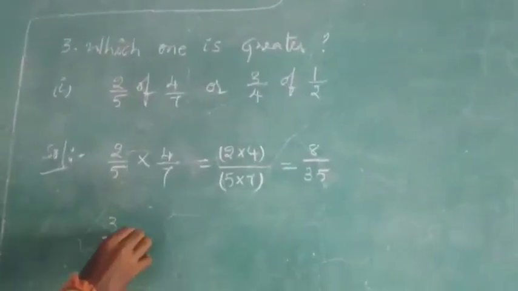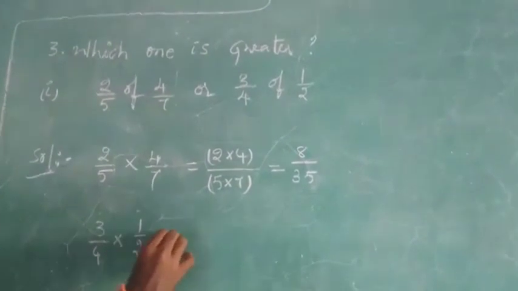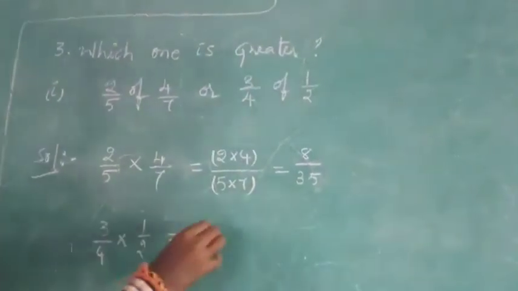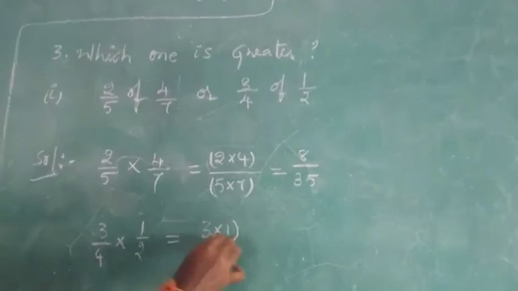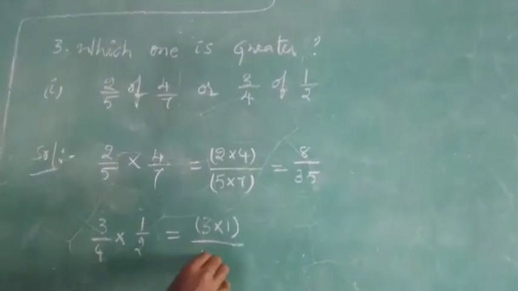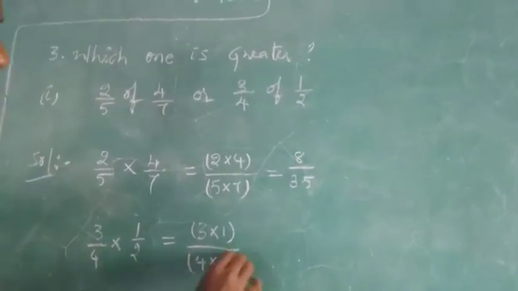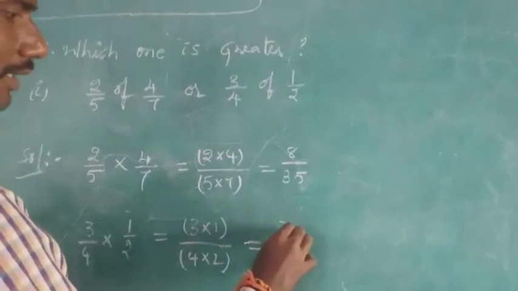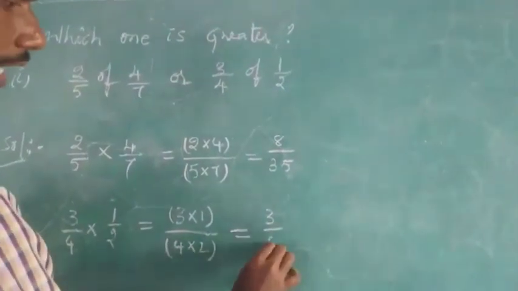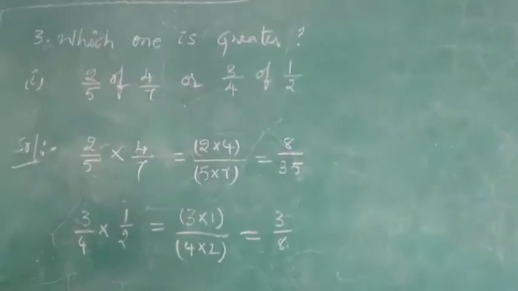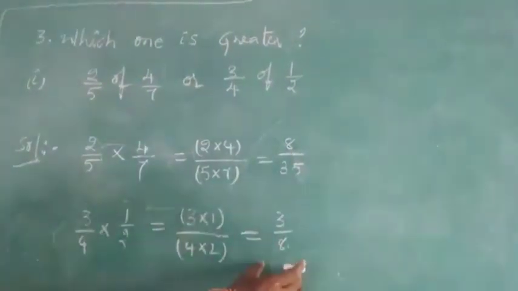Similarly, I will go for this one, 3 by 4 into 1 by 2. 3 into 1 by 4 into 2. 3 1s are 3, 4 2s are 8. See, how do you observe these two?